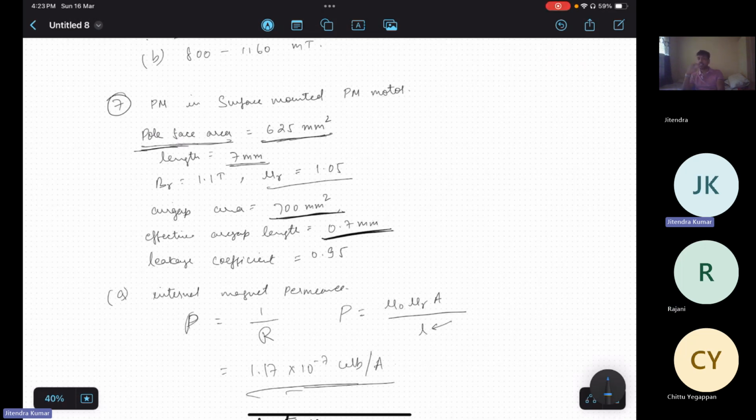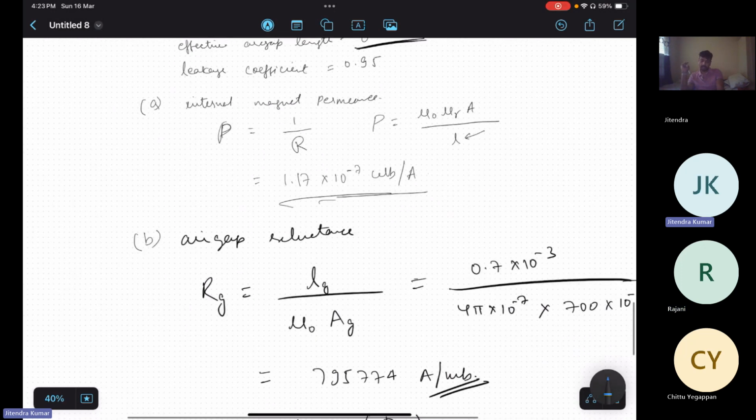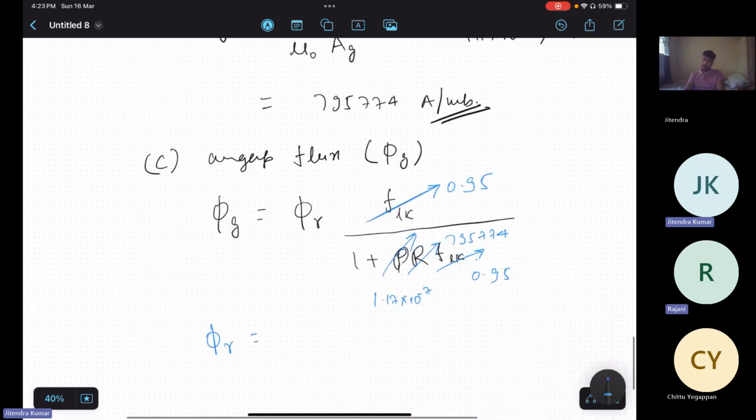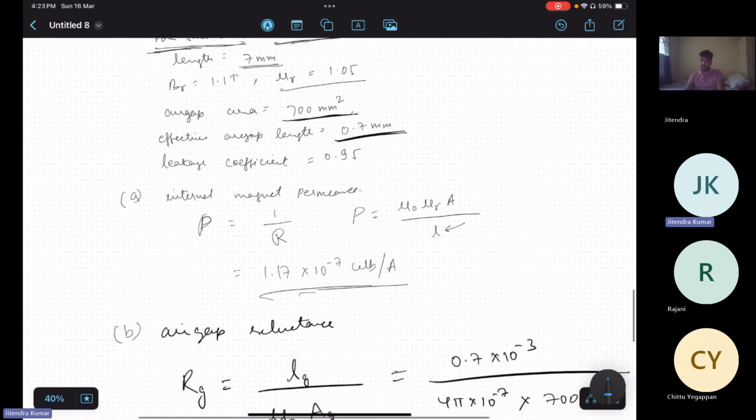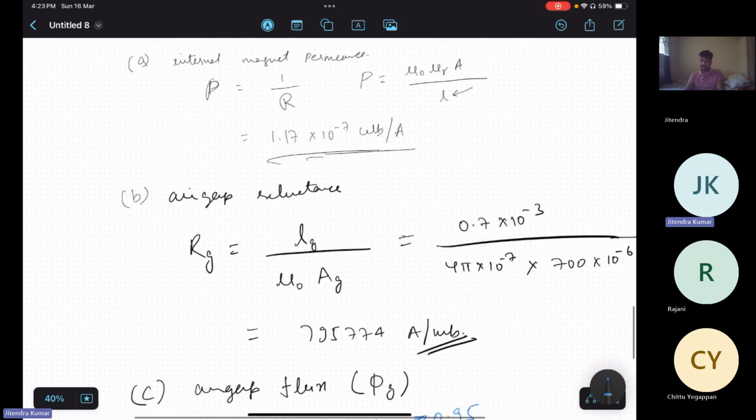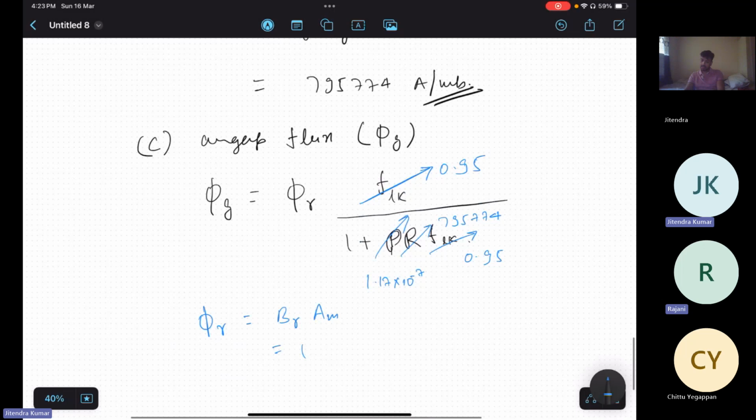Phi r is the flux corresponding to the remnant flux density, and area of the magnet is provided. So can we calculate phi r? Yeah, phi is equal to B into A. So phi r is equal to Br into A. Br is 1.1 Tesla and area is 625 mm square.